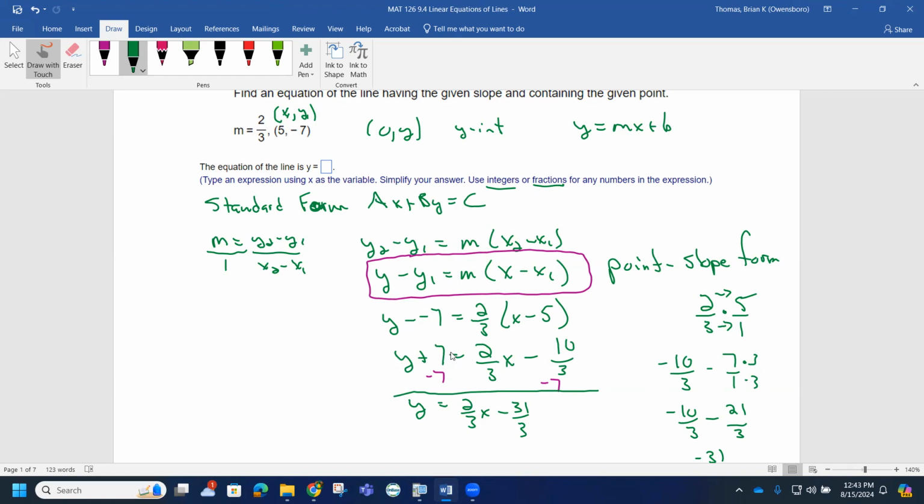You can use your calculator as you see fit, even to multiply the 2/3 times 5, since any calculations you are allowed to use your calculator on. But since it says y equals, we have to have this, and it also says use x as your variable, and use integers and fractions. So we're not allowed to change anything to decimals here.